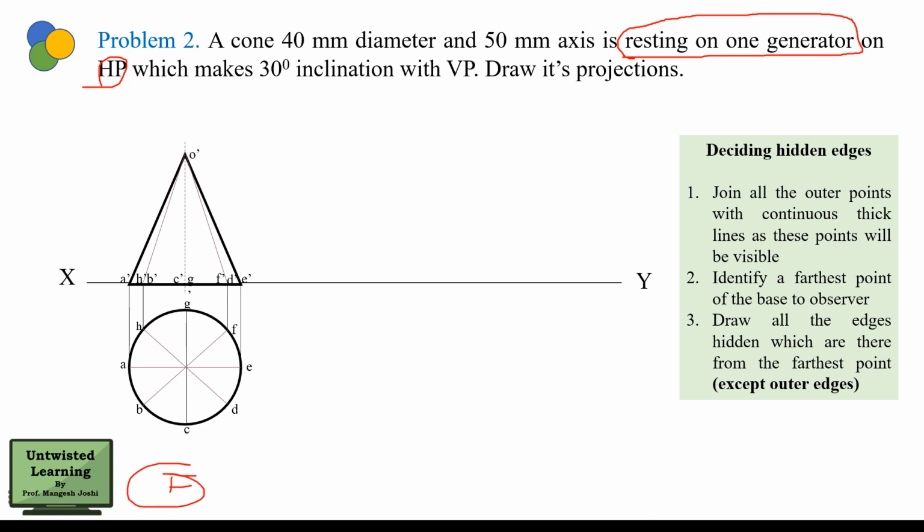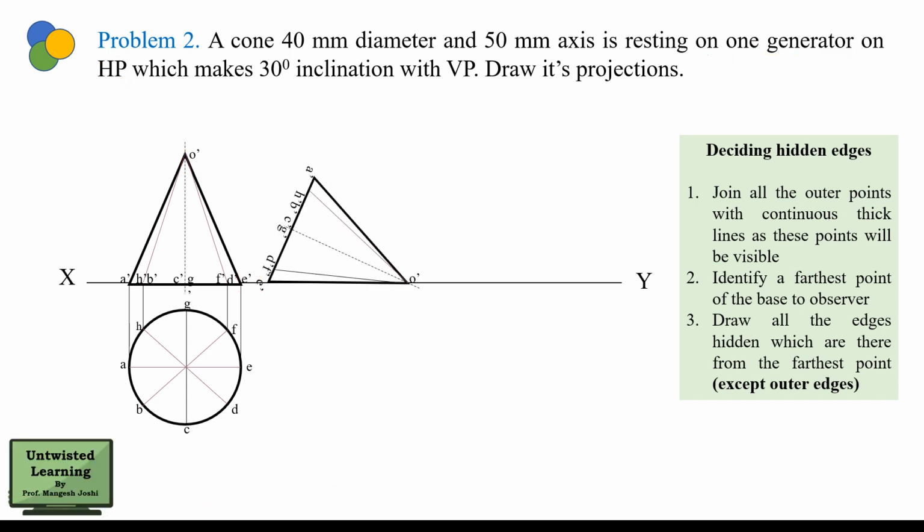Now the second stage is the resting condition. So your cone is resting on one generator on HP. So OE is that generator, the end generator. So you have to redraw this diagram keeping OE on horizontal plane in the same way we did in the previous problem.